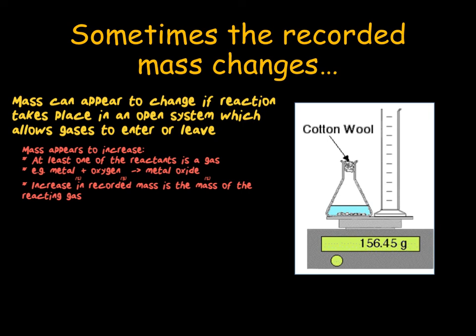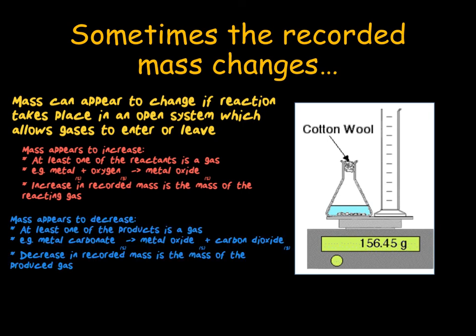If the mass, however, appears to decrease, it's because at least one of the products is a gas and has therefore left the system. A good example of this is the thermal decomposition of a metal carbonate, where a metal carbonate becomes a metal oxide and carbon dioxide. Carbon dioxide as a gas is given off and is able to leave the system.